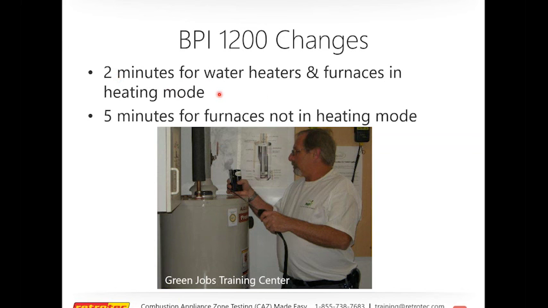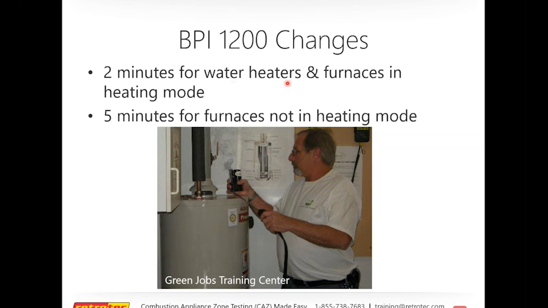So the idea is that 2 minutes for water heaters and furnaces in heating mode. Generally, this is probably going to end up being a source of debate among trainers and testers, but the point was that domestic water heaters are almost always running and almost always creating heat, since they are heating constantly, which is the reason why we often criticize them for not being energy efficient.